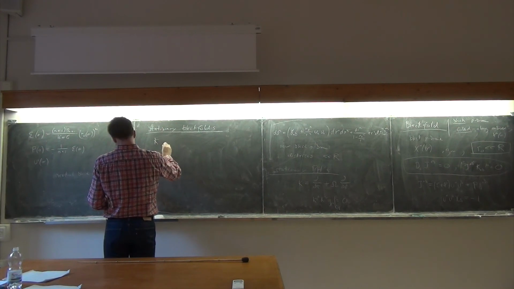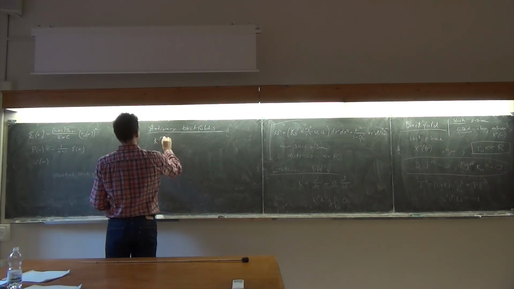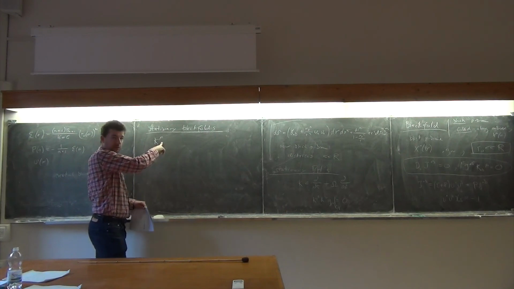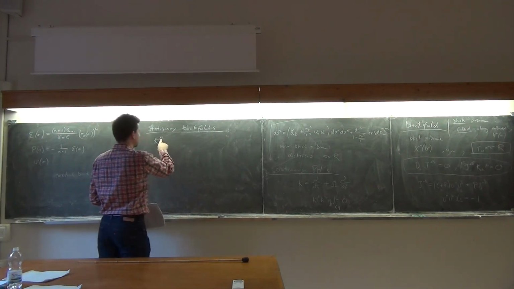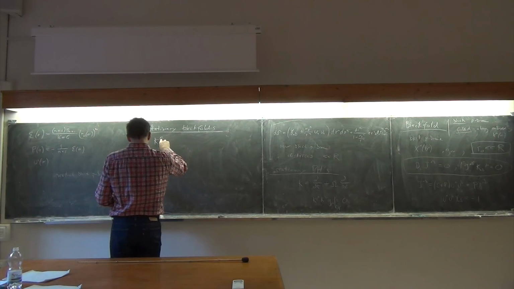So I assume some vector field k^μ, and this is in the background geometry, so that's why I have the index μ.